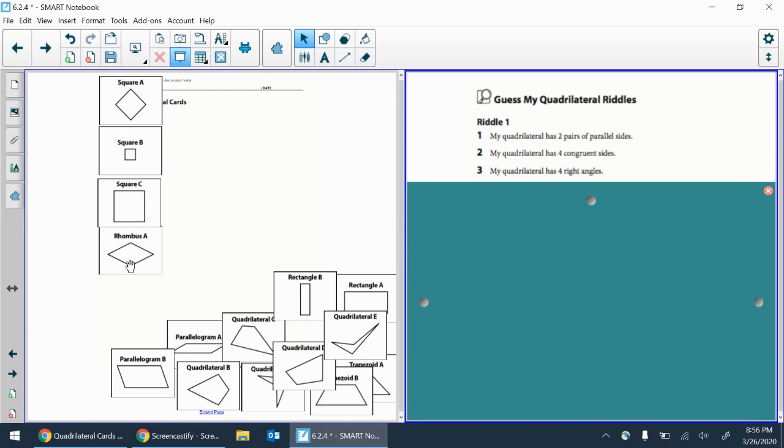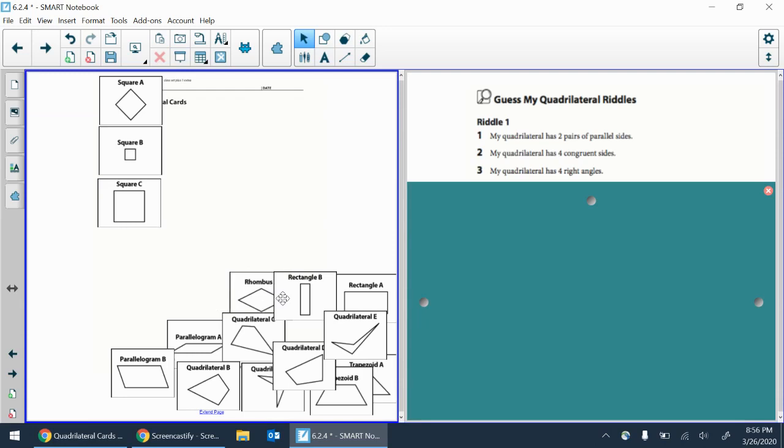Rhombus has 2 obtuse angles and 2 acute angles. So I'm going to move that over to my pile here. So this brings it down to 3 squares. One of these squares is the shape that I am thinking of.